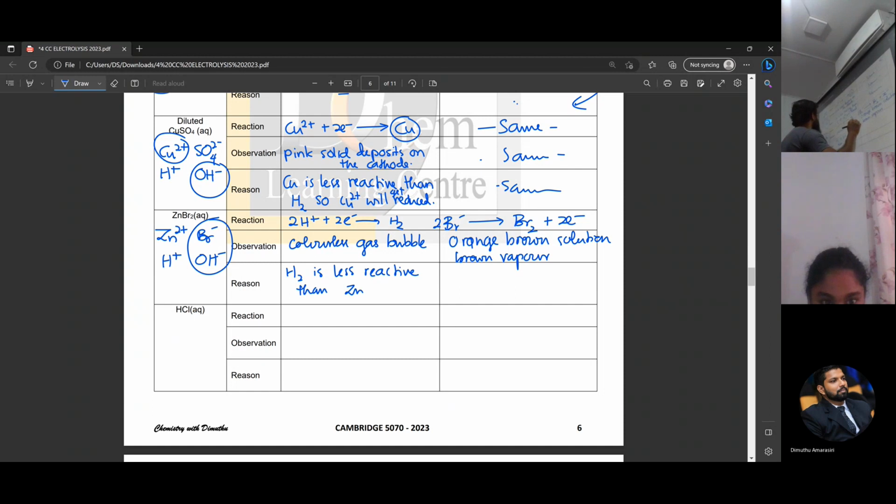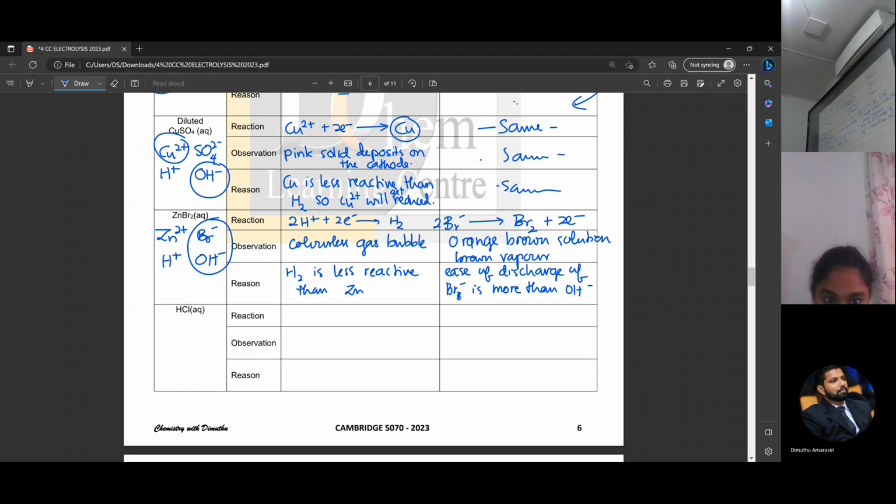Here, ease of discharge of bromide is more than hydroxide ions. You have to refer to the ease of discharge table.